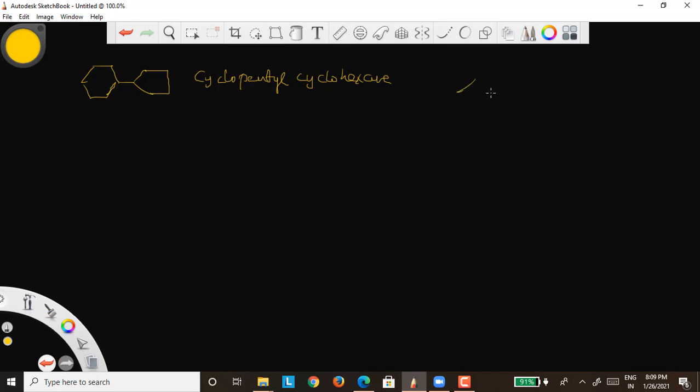Suppose you have cyclopentane, but here the connection is here, and you have many groups. Like this, methyl groups are there. 3 methyl groups are there. So you can number 1, 2, 3, 4, 5. So you can say 1, 3, 4.